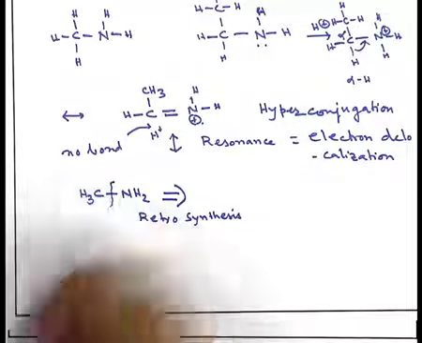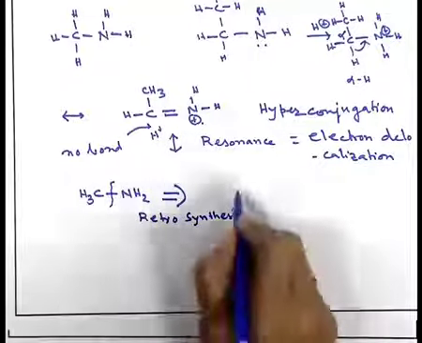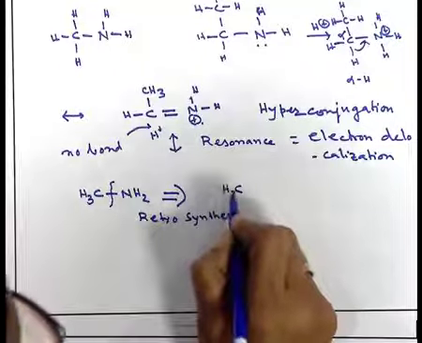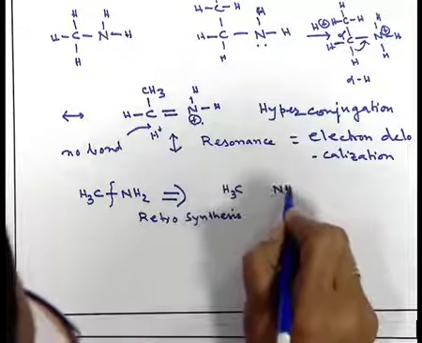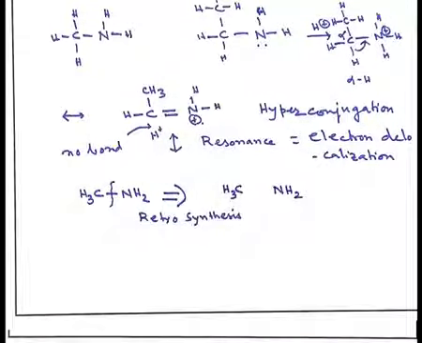If I break this carbon nitrogen bond, I end up with two species, one is a methyl, another is NH2. But the question is, this methyl and NH2 are some concept, not the actual species or the actual molecule. So, what are the starting materials to prepare a compound like methylamine?